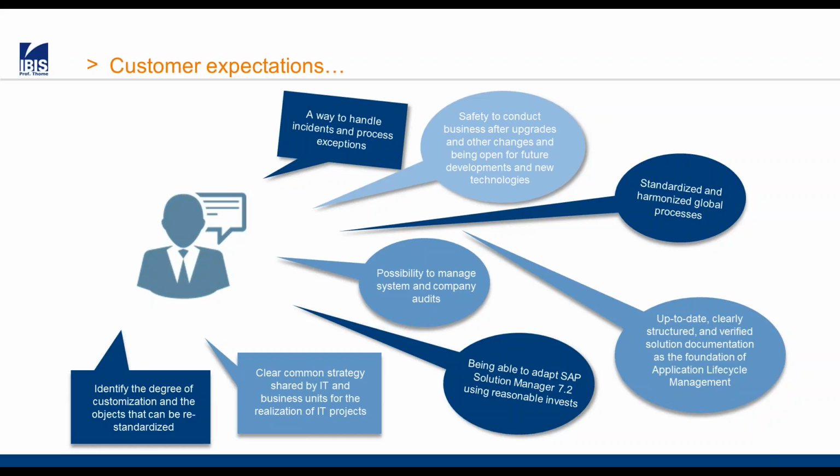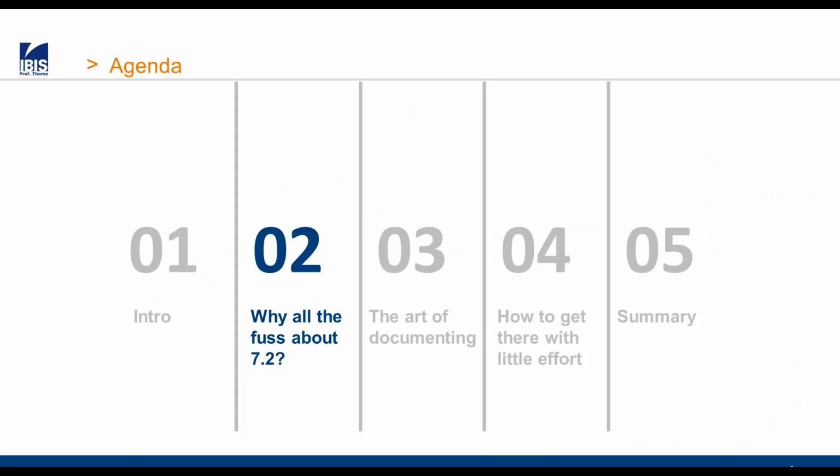Do they follow a clear goal for the functionality that comes afterwards, like test management or monitoring? So the big question at the end of last year was, will Solution Manager 7.2 be able to deliver all those things expected by the customer? This is more or less the fuss about 7.2. We got lots of expectations from the customer side and from customer groups like ASUG or DSAG.